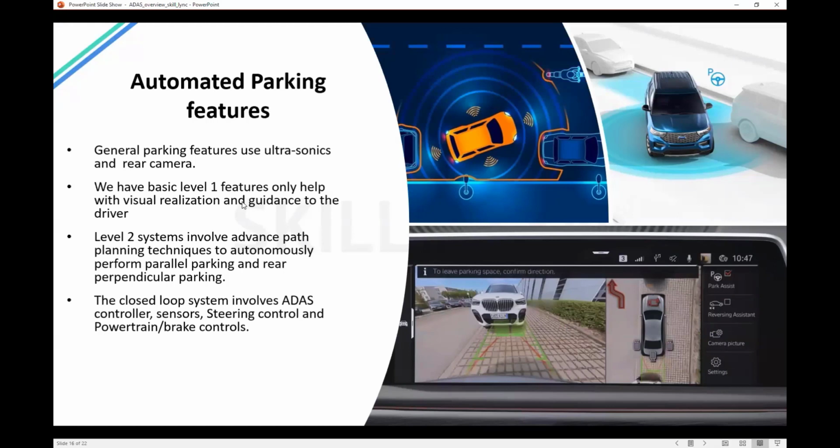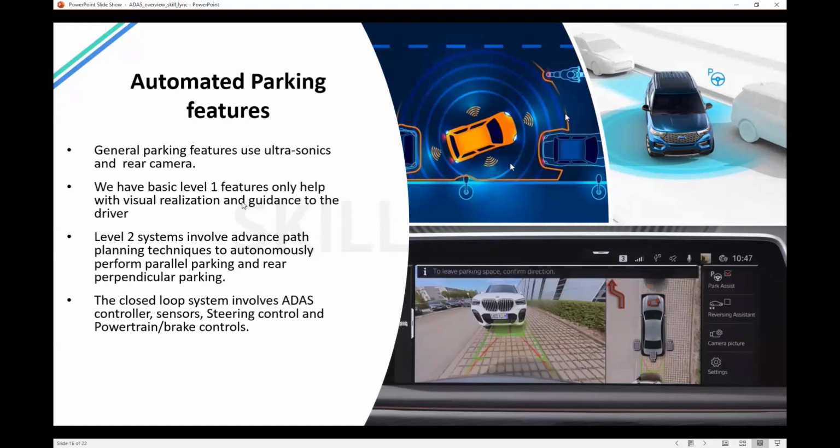But when it comes to level 2, we have some more partial automation there. And what it does is it uses the ultrasonic sensors. Ultrasonic sensors are surrounded around the car, and they transmit the sonar waves to create a map around the car. By map, I mean all the sensor inputs are used to determine the different environments, or kind of like a boundary around the vehicle.